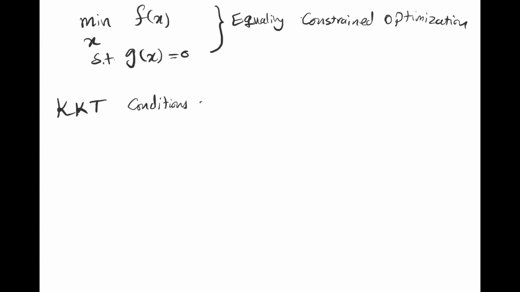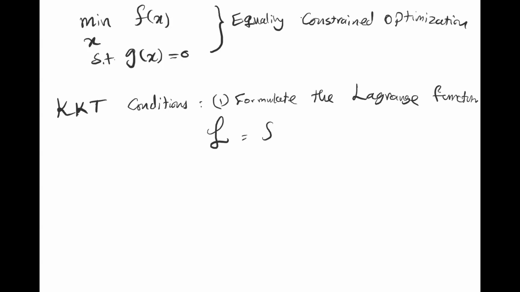In order to write the KKT conditions, first formulate the Lagrange function. How do we formulate the Lagrange function? It's your objective function plus lambda, or a set of Lagrange multipliers, times the equality constraint.